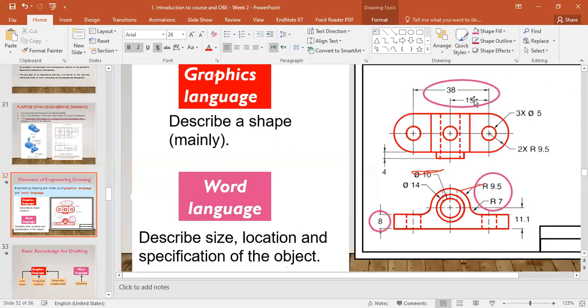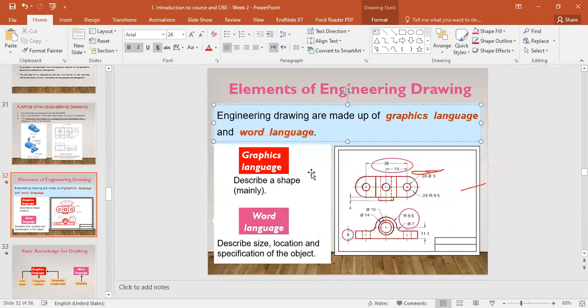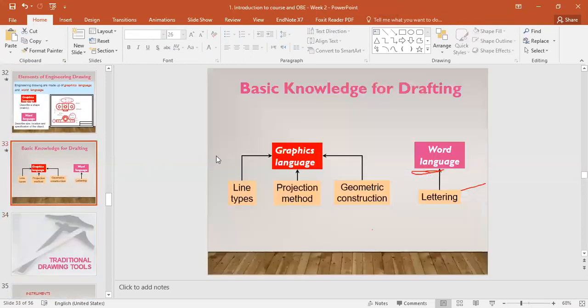As you are seeing, the 38 is the distance between this hole and this hole, and 19 is the distance from this hole to this hole. So graphic language and word language combined describe the complete object.